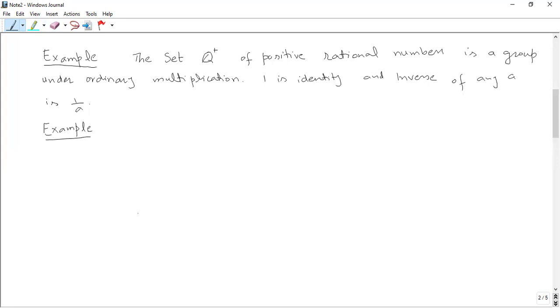Another example is the set R star of all non-zero real numbers is a group under ordinary multiplication.